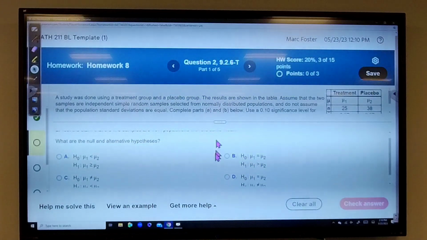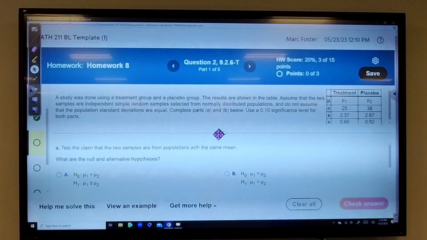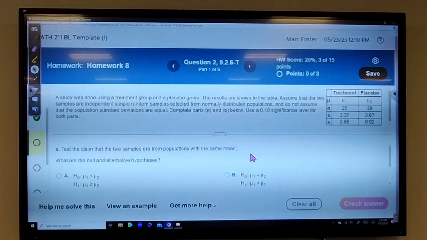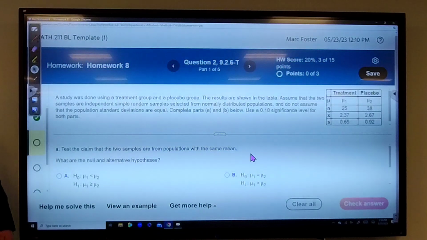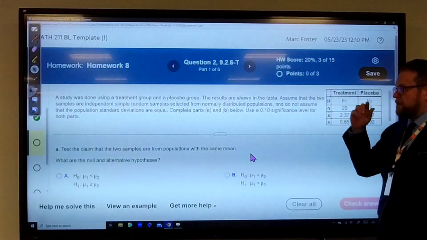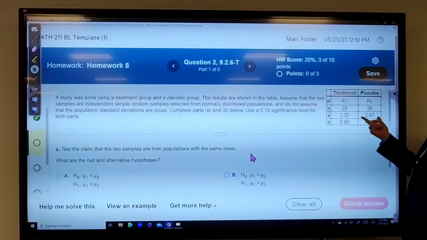Treatment group, placebo group, a common type of test for a difference of 2 means test. We don't even know what they're treating, it doesn't matter. However they measured their outcomes, the treatment group had a lower number than the placebo group.